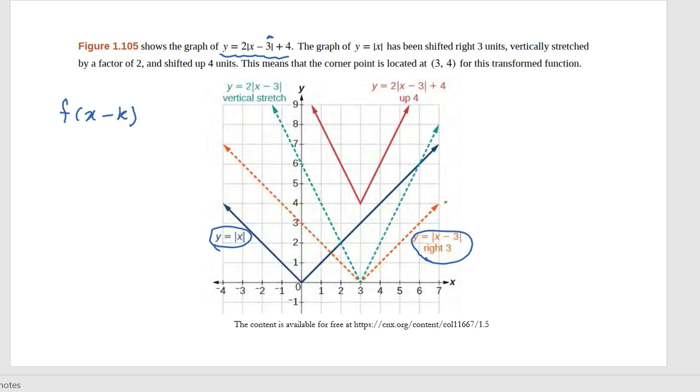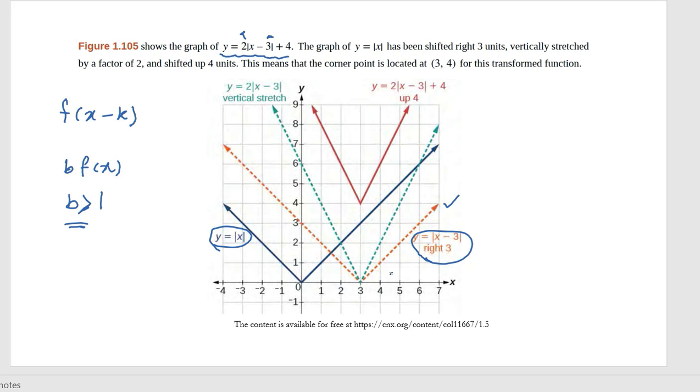Absolute value of x minus 3, here it is. Then 2 absolute value of x minus 3. So for b f of x, when b is more than 1, the graph will be stretched by a factor of b. The x variables don't change, the y variables will be doubled.